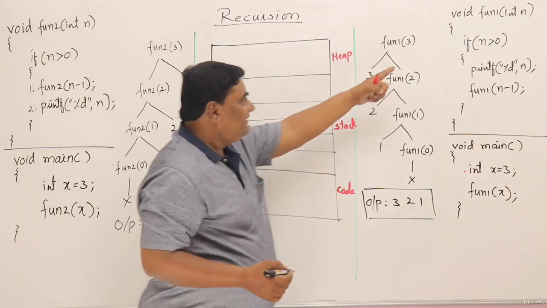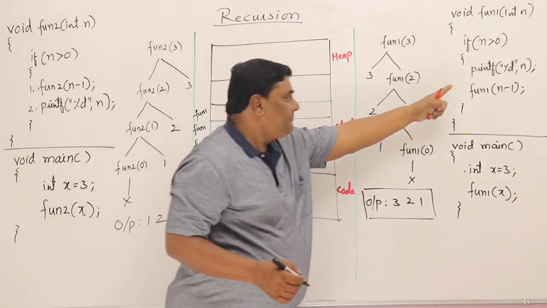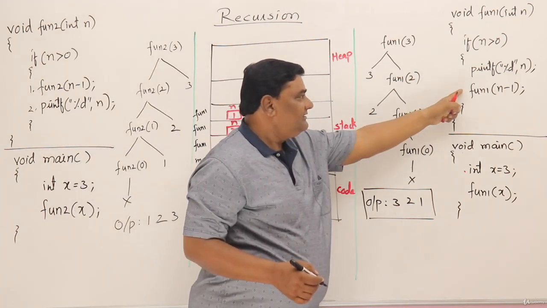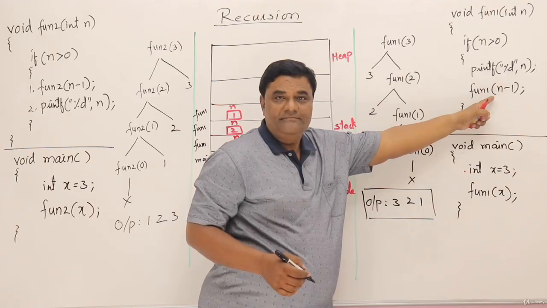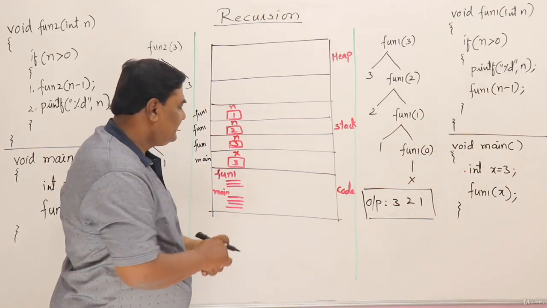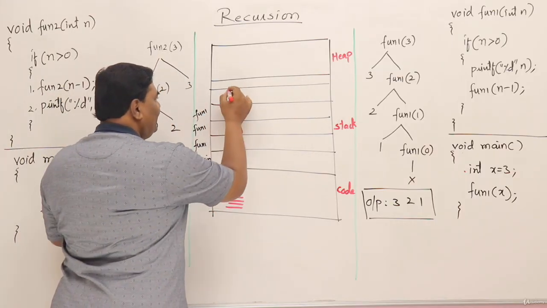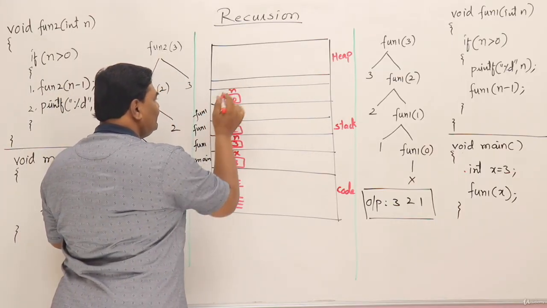Now again, if n is greater than 0, yes, 1 is greater than 0, so 1 is printed. Then again call fun1 with a decremented value, n minus 1. So again an activation record for fun1 is created, and it will have the variable n, and that value is 0.